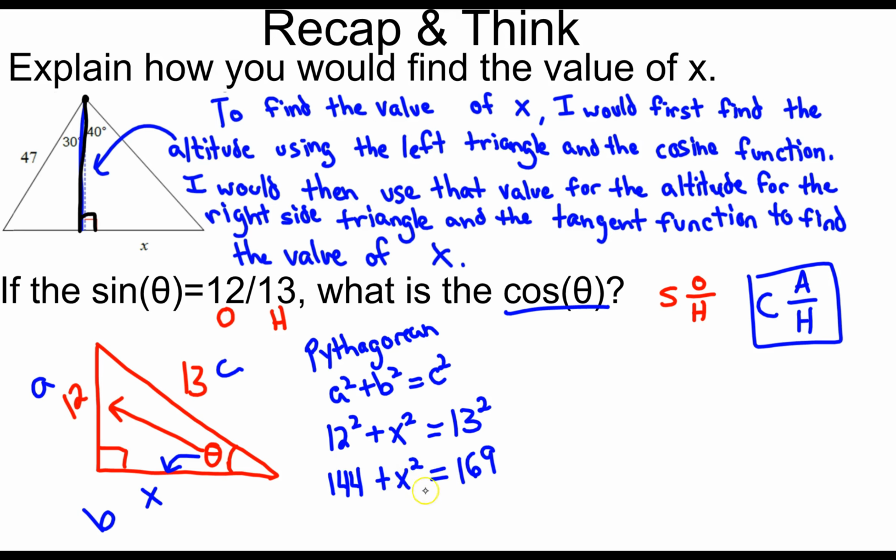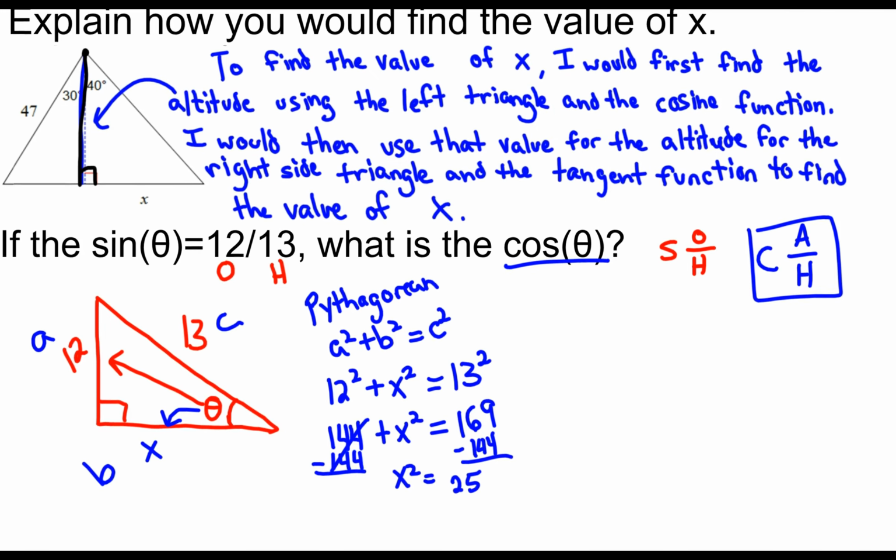Now to continue to solve for x, we got to get x by itself, so we got to get rid of that 144. Subtract that from both sides. Cancels there. We get x squared is equal to 169 minus 144, and that's going to give us 25.